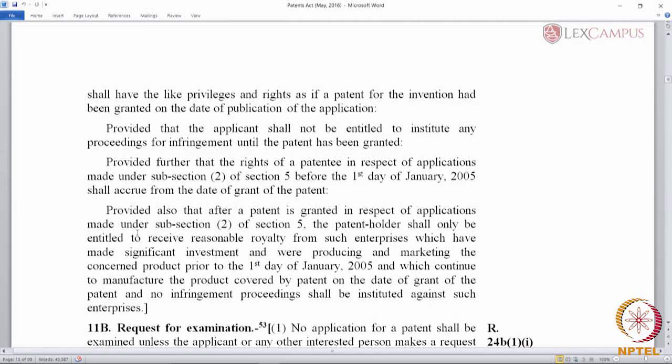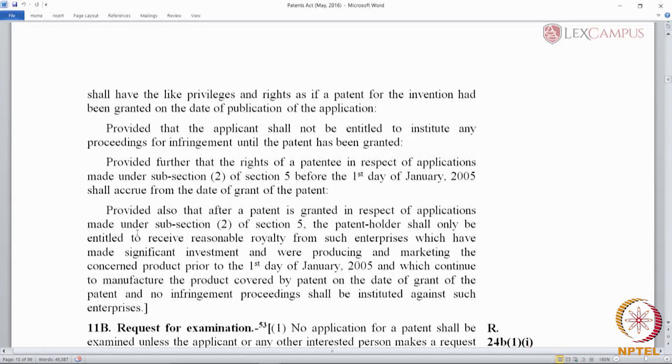Now, the right to stop a person from doing something cannot accrue before the grant, because the Act clearly says that you can only stop a person upon the grant of a patent, because that is the requirement for filing an infringement suit. You need a granted patent. So, there is no way that relief of injunction can be claimed before the grant of a patent.